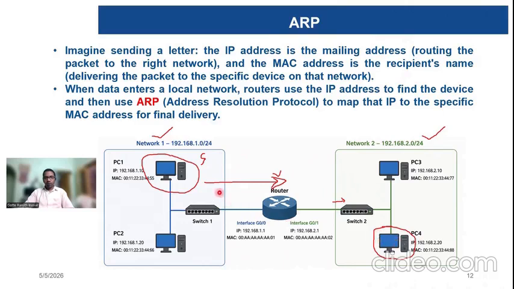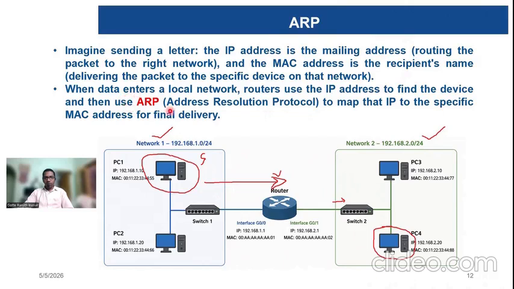So from this IP address, in order to know the MAC address, your ARP protocol will be useful. Address Resolution Protocol: this protocol will get the MAC address of a destination from its IP address. Once we know the MAC address, then we can deliver the data to the destination system.